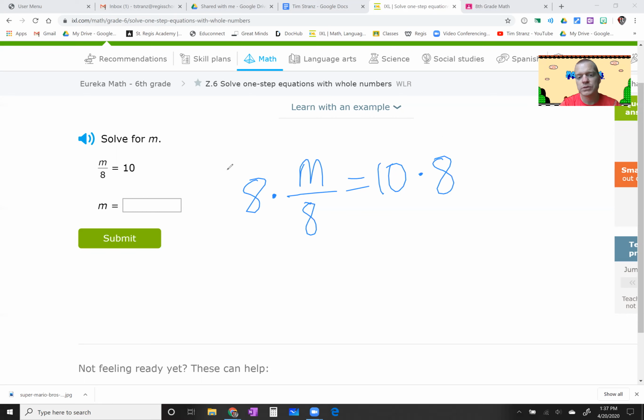This will cancel these out, and you are just left with m now. My pen is moving very slow today. M is 10 times 8, which is 80. Okay? So there you go. That is how you do that one. 80.